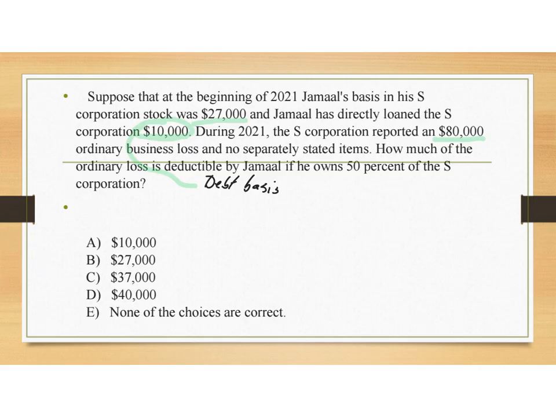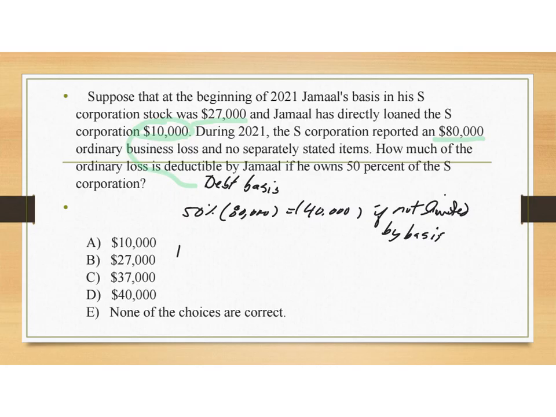Okay, so if he owns 50% of the S Corporation, the most he could deduct, if he wasn't limited by basis, would be 50% of 80, which is 40,000. However, he might be limited by his basis, okay?